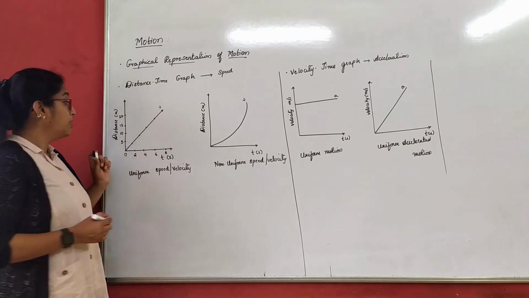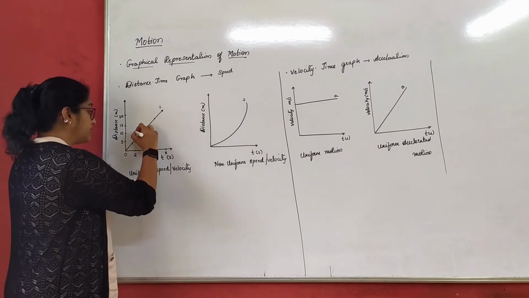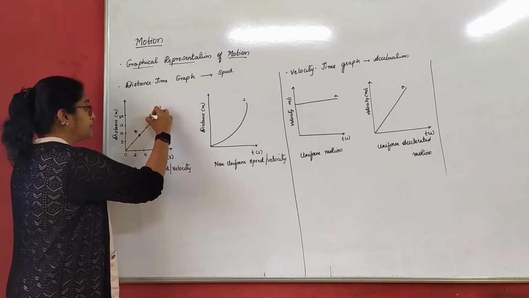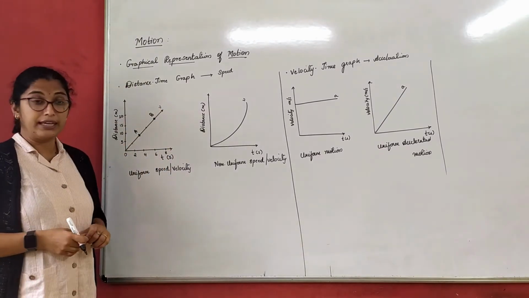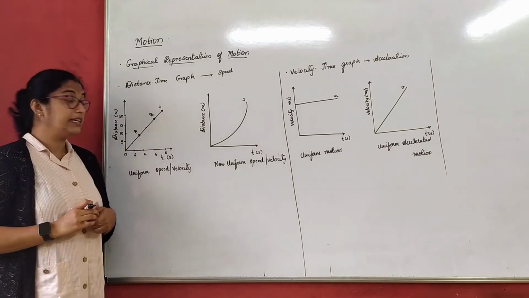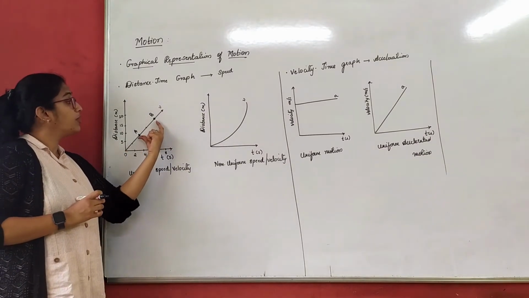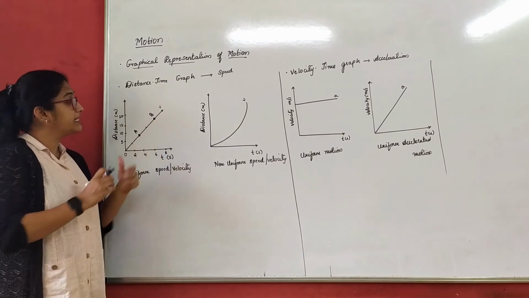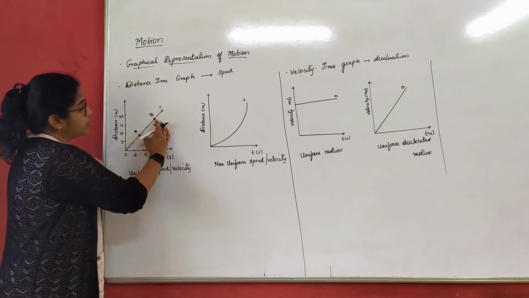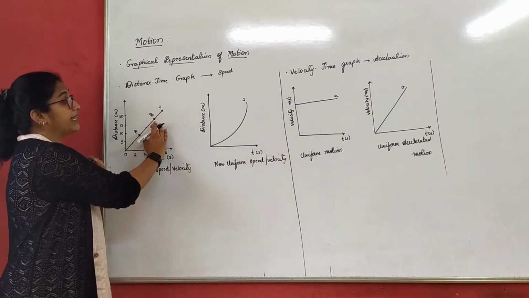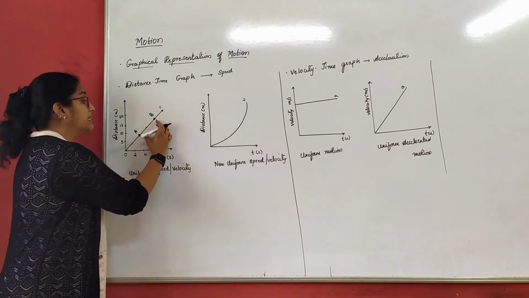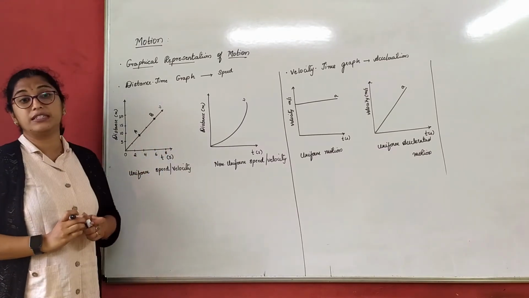Now in the graphical part, how do they ask you to find the speed? For example, let me consider this point as A and this point as B. The question given here will be, what is the speed for the distance between these two? How much time will it take? What is the speed taken to travel this much distance?